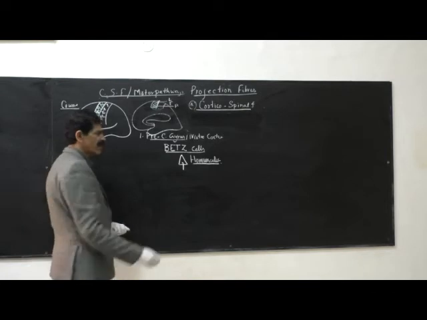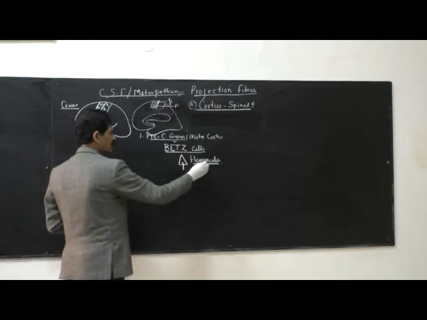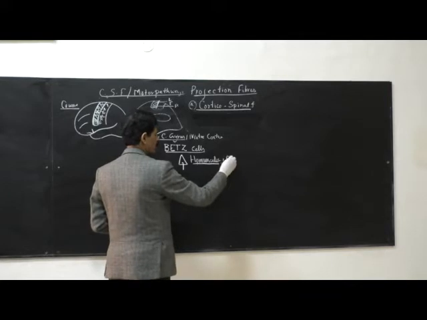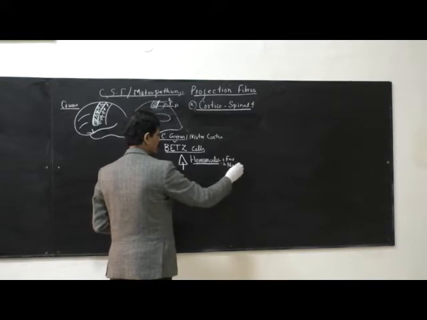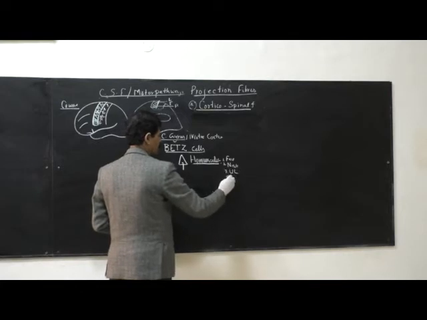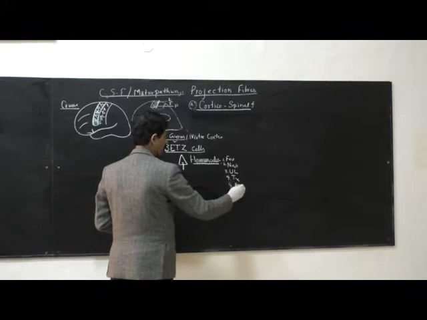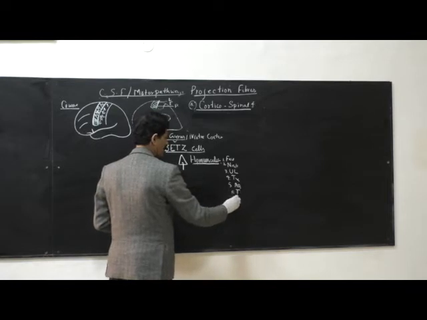So there is a definite sequence of the homunculus. First of all, the lowermost is the face, then neck, then muscles of the upper limb, then the muscles of the thorax, the muscles of the abdomen, muscles of the lower limb, that is the thigh on the medial surface, and the thigh on the superior lateral surface.